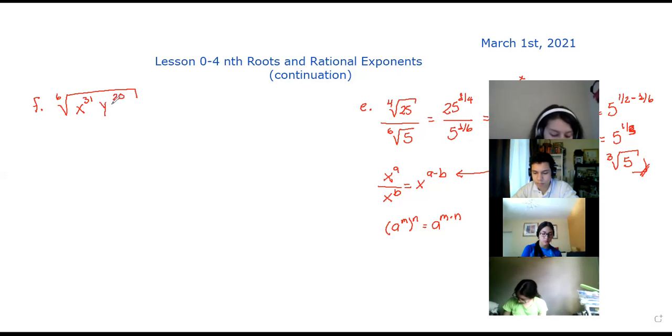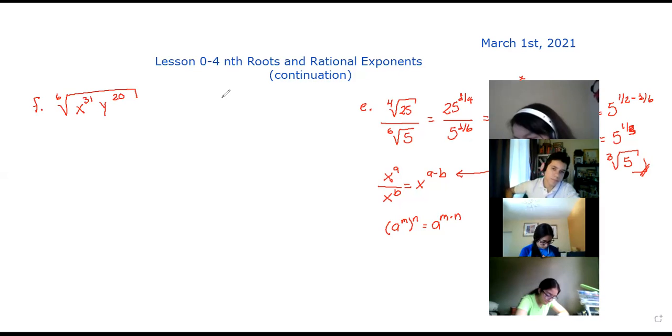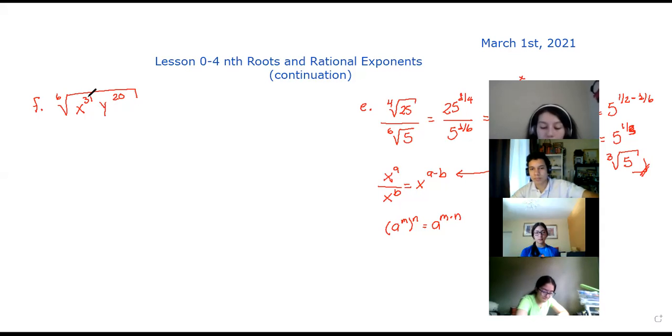Okay, let me give you another way of doing this that is quicker. Listen carefully. I am going to divide the exponents, 31 and 20, each one of them by the index of the radical.